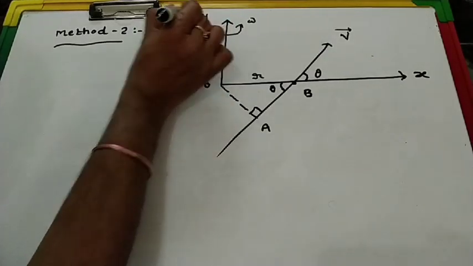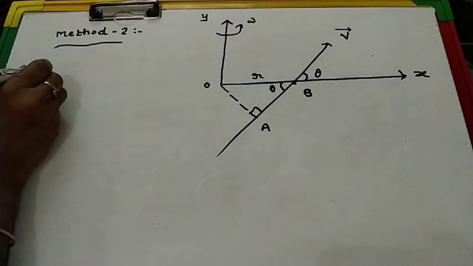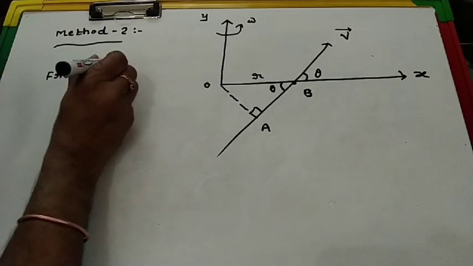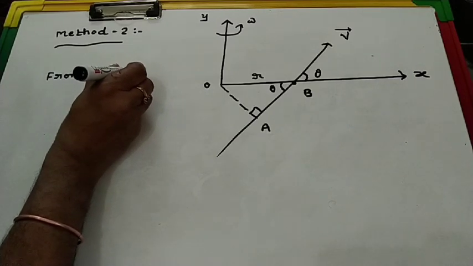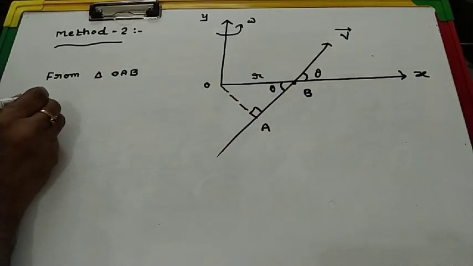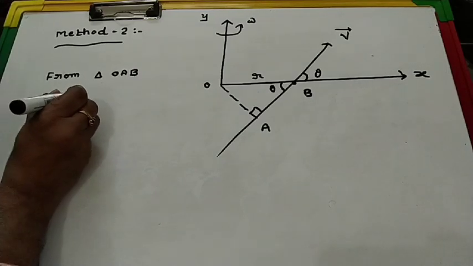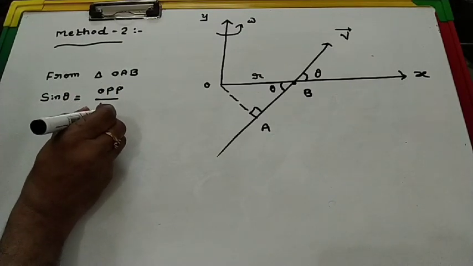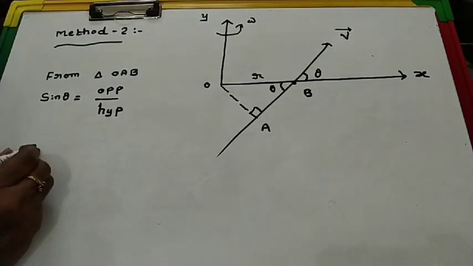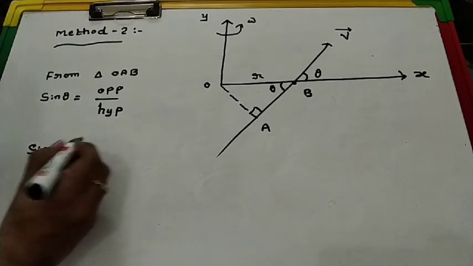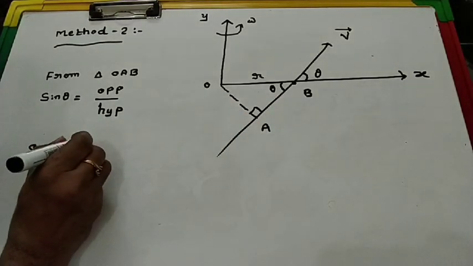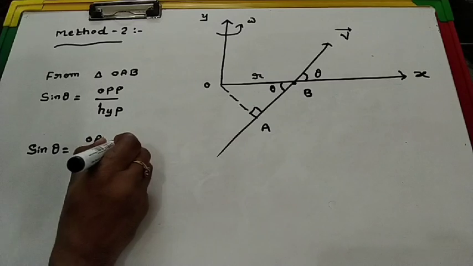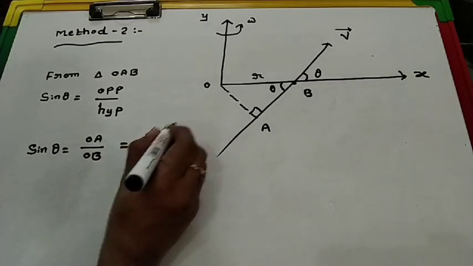From triangle O, A, B, sin theta is equal to opposite side by hypotenuse. What is opposite for this one? OA. What is the hypotenuse? OB. What is OB?